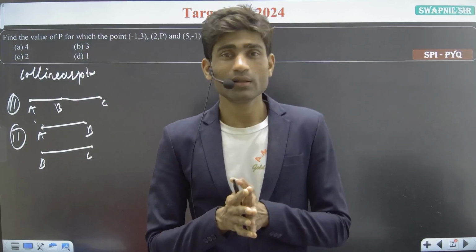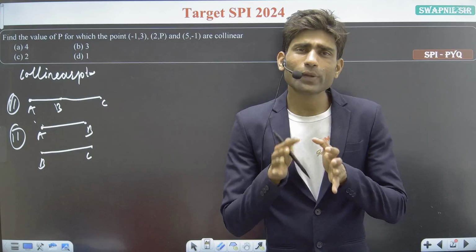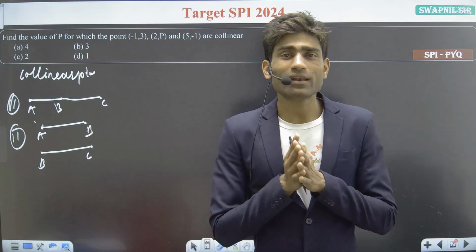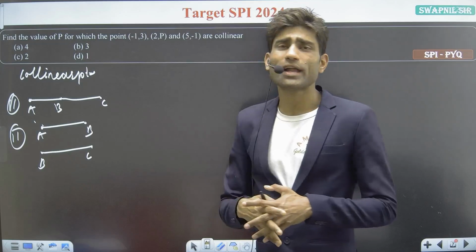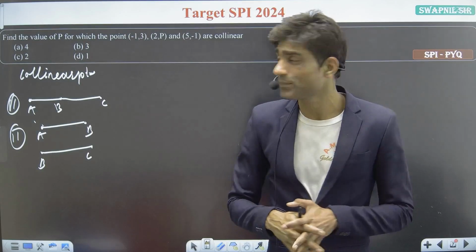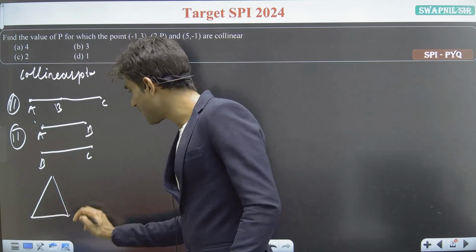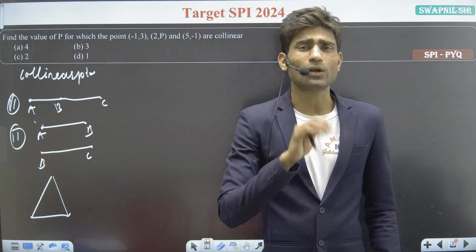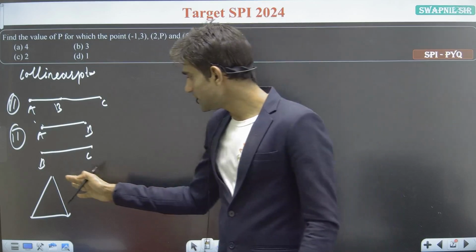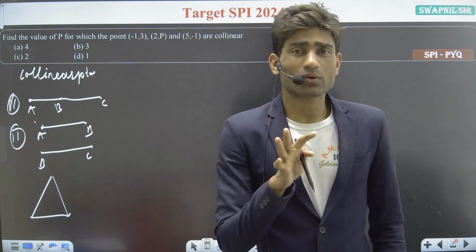Never possible, because for plotting a triangle we need non-parallel lines. So how is the triangle defined? This one is the triangle. If the lines intersect each other, then they are not collinear points. So we cannot form a triangle using collinear points.